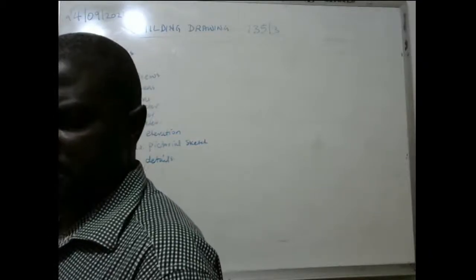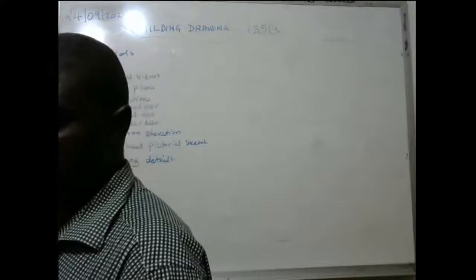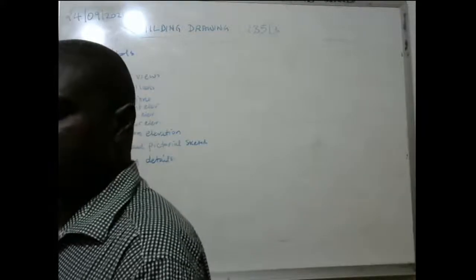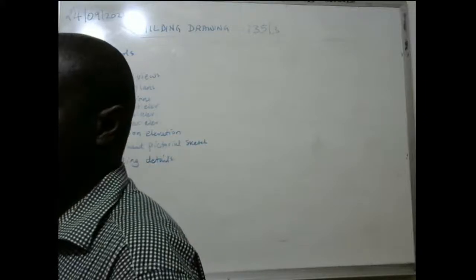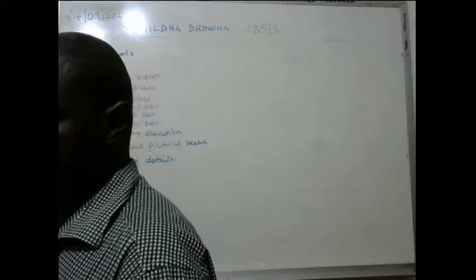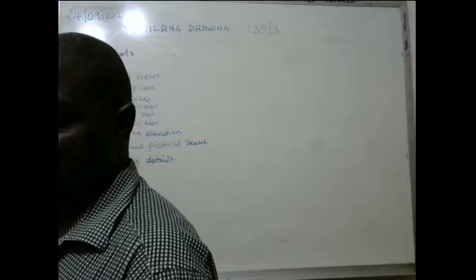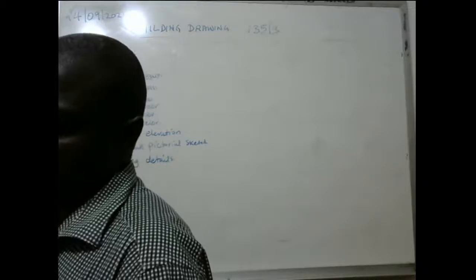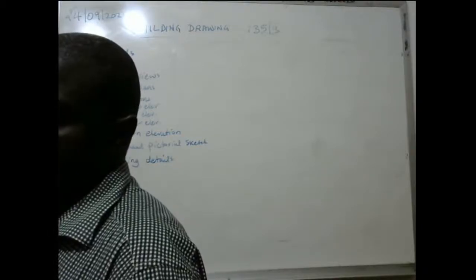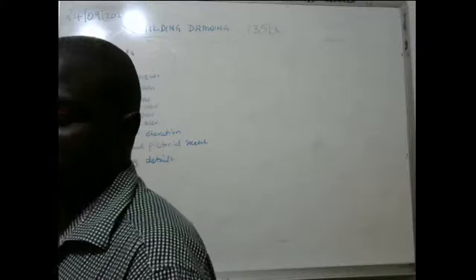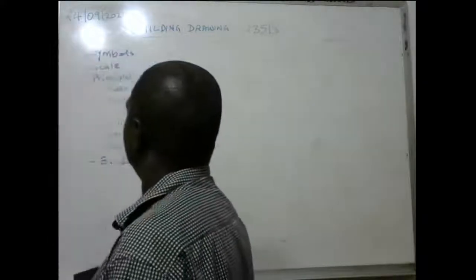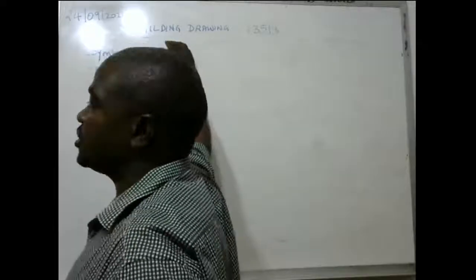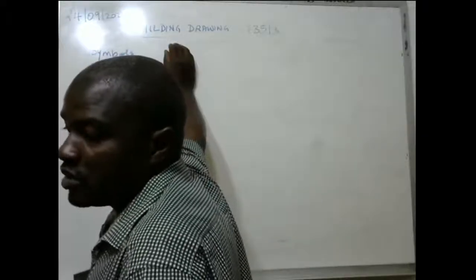You need to understand the scale, how the scale is used, and let it be part of you. Every time you are interacting with building drawing, you must think about the symbols, you must think about the scale. That way, you keep perfecting until you get it. So the symbols and the scale are a common song in building drawing.